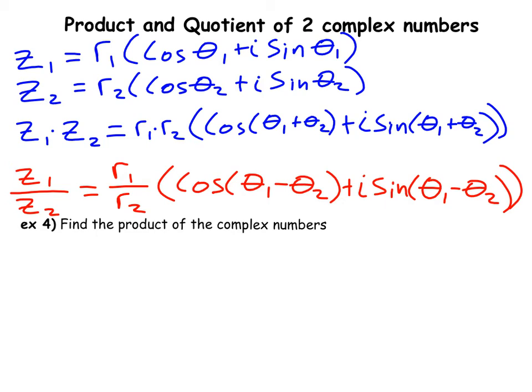All right, 6-5, day 2. More on good old complex numbers in their wonderful trig form. All we really did the first day is how to convert them from standard to trig form.